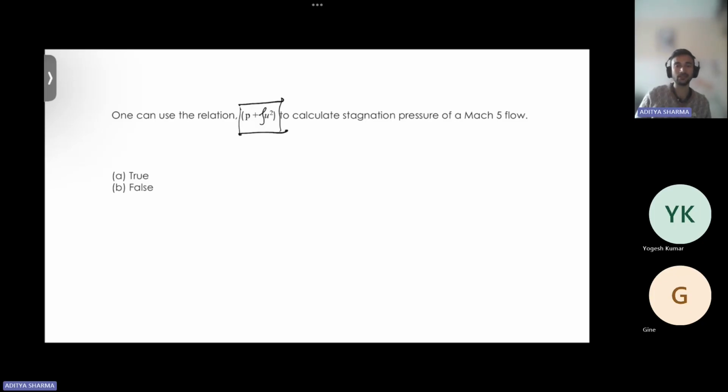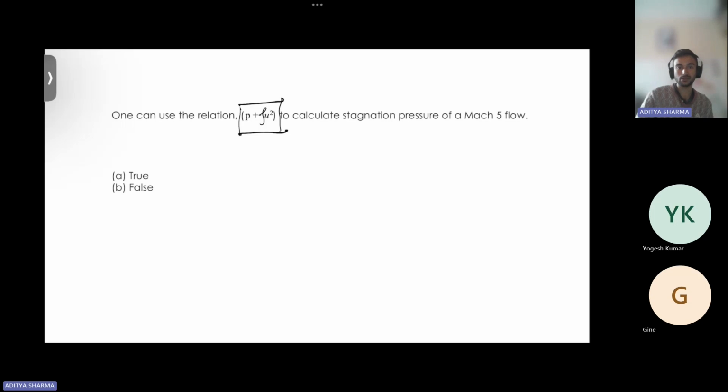When I just discussed that the flow regimes are very important, as the flow regime changes, the mathematics related to it also changes. For Mach 5, the things become hypersonic first of all. And P plus rho u square is related to the momentum equation.